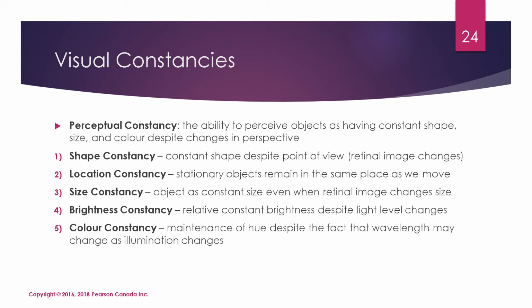So basically what this is referring to is that just because, for example, the image on our retina changes because something is in motion or we have a different perspective of it, that doesn't mean that the properties of the object itself changes. It kind of makes sense because if you think of something that's constant, that's something that remains the same. So in terms of shape constancy for vision, that's basically talking about the fact that items still maintain their shape despite your point of view.